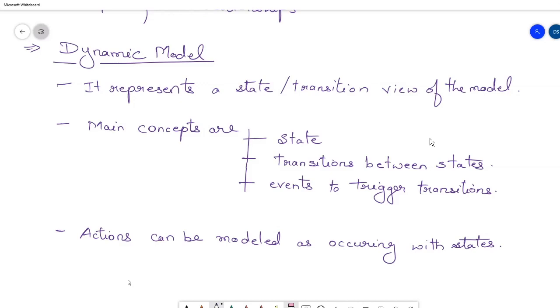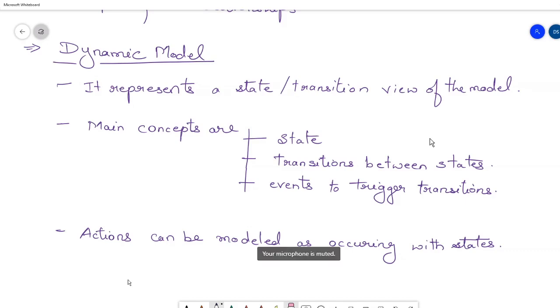For example, if I talk about a state diagram or a dynamic model, we are talking about the state changing and the transition taking place. If I talk about an event, for example, switching on a light, the action would be when the switch is pressed, or we can say when the power is on. So the light glows, a transition from the state.